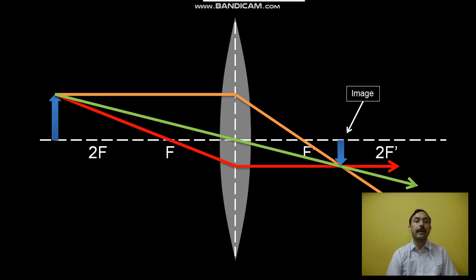That means if an object is placed outside 2F and light is falling onto the biconvex lens, then the image will be formed in between F dash and 2F dash.